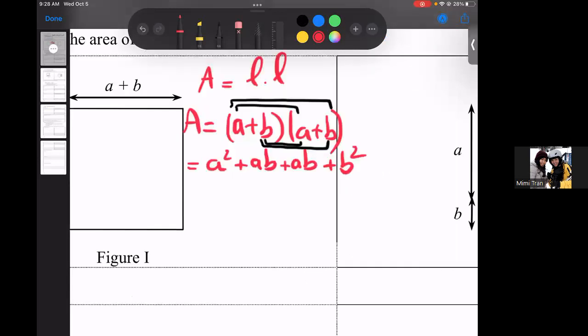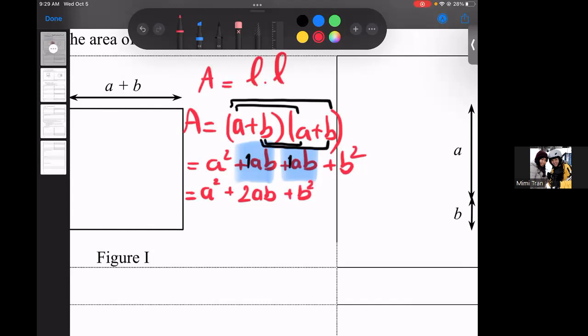So far, so good. You know this, right? What should I do next? Yeah, combine like terms. These two are like terms right here. So it equals a squared plus 2ab, because there's a 1 here and a 1 here. We just don't write it out, but there's a 1 there. So 1 plus 1 is 2. Plus b squared.